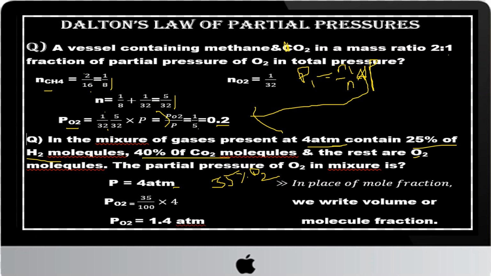To find the partial pressure of oxygen, you can write percentages also. In place of mole fraction, we can write volume or molecule fraction also. Here, if you write the molecule fraction, that's 35% by 100 into 4, and we get the partial pressure of oxygen as 1.4 atmosphere. Make a note of this question. It may be useful, and this question also.